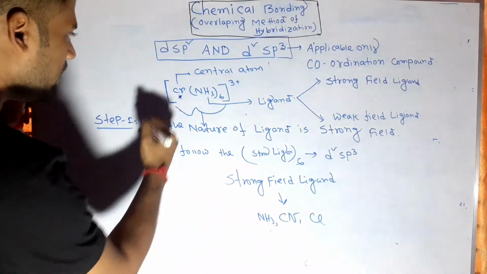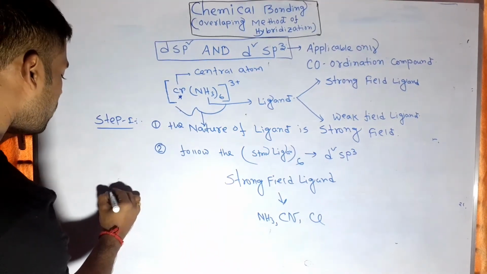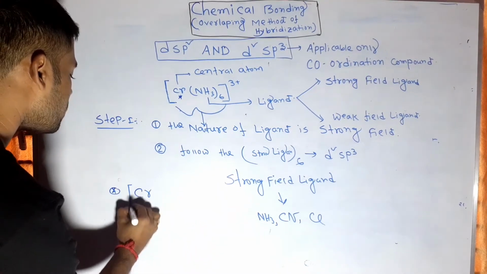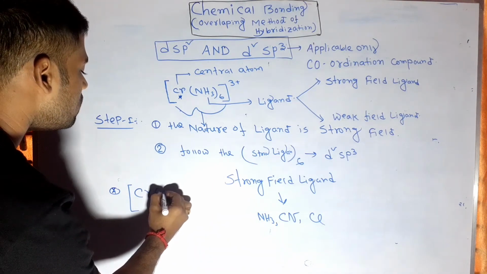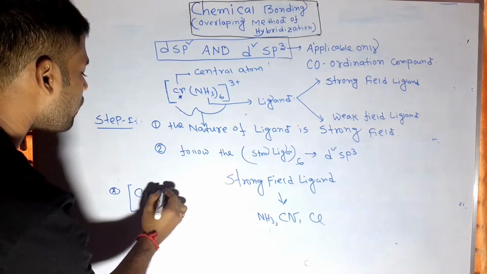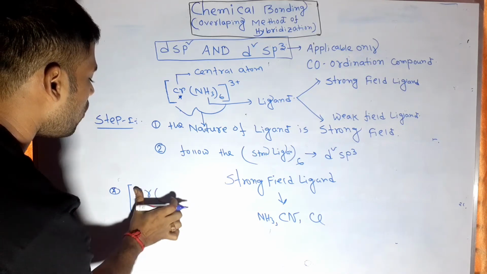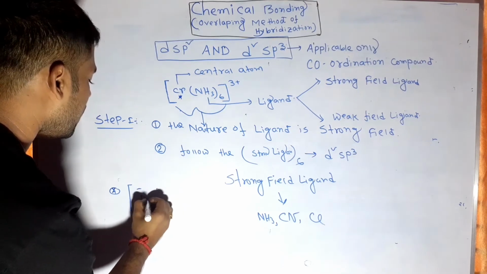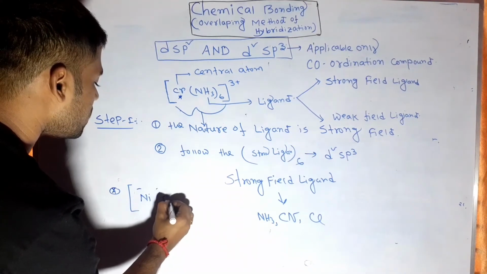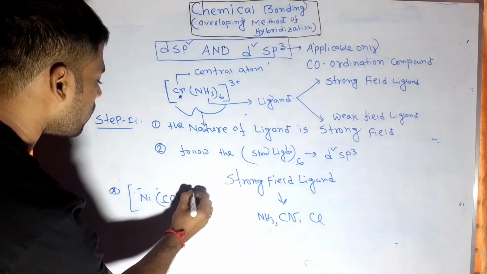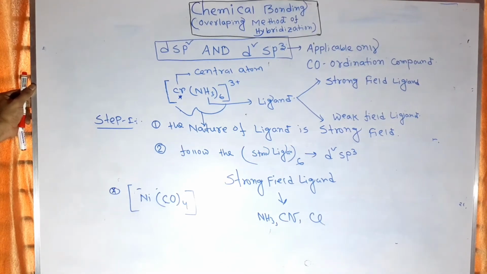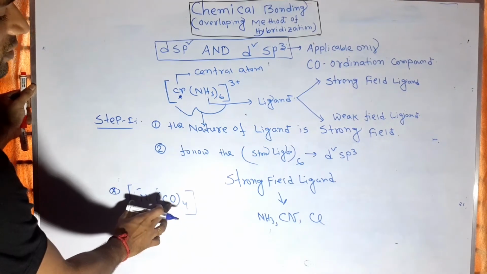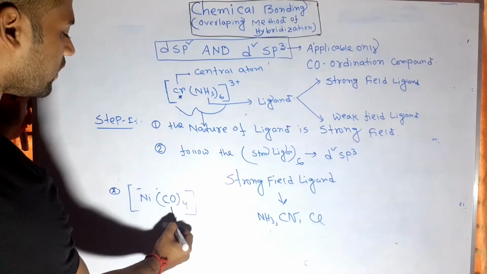If weak field ligand, suppose for example chromium, or suppose nickel, first bracket of CO whole twice 4. This is the coordination compound, but CO is a weak field ligand.